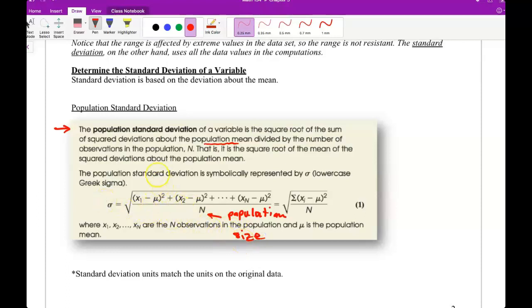So this one is population size, and these x1, x2, up to xn, these are data values. So all of these x's are data values.